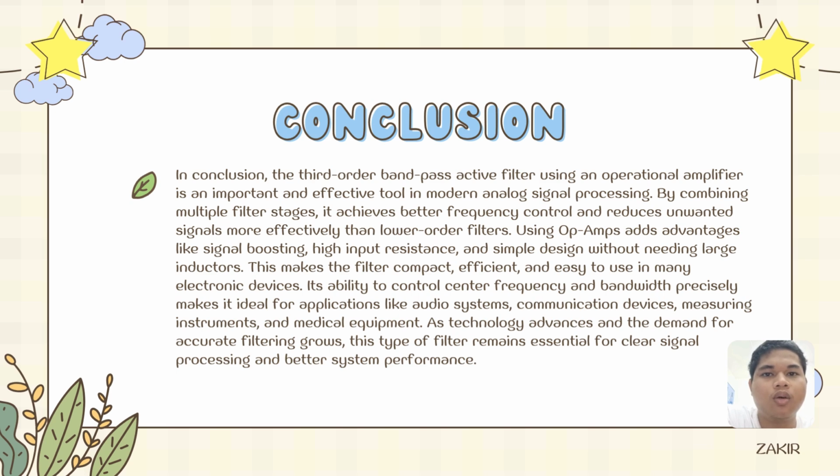Using an op-amp adds advantages like signal boosting, high input resistance and simple design without needing large inductors. This makes the filter compact, effective and easy to use in many electronic devices.